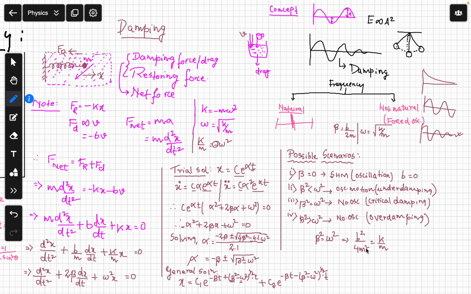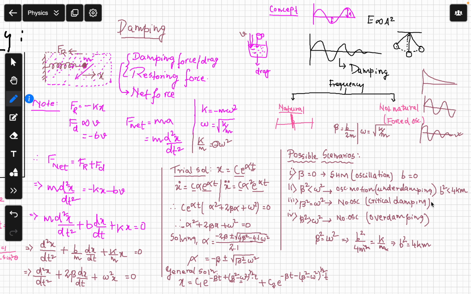This will give me a relation between b and k. Okay, you can cancel out these terms. That means b square is equal to 4km. So whether you say beta square is equal to omega square or b square is equal to 4km, more or less both mean the same thing. So in this particular condition we can say b square is less than 4km.